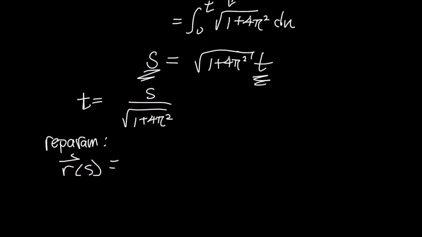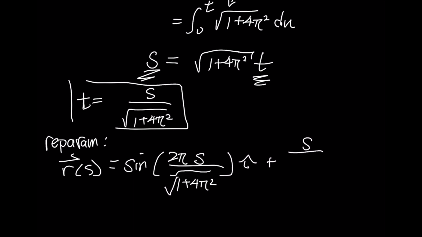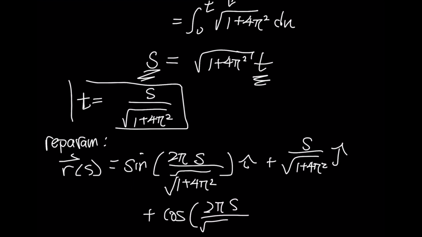So I will have sine of 2 pi t. Well, now this is sine of 2 pi s over the square root of 1 plus 4 pi squared, that's in the i direction, plus s over the square root of 1 plus 4 pi squared in the j direction, and then I'll have a cosine of 2 pi s over that square root in the k direction.